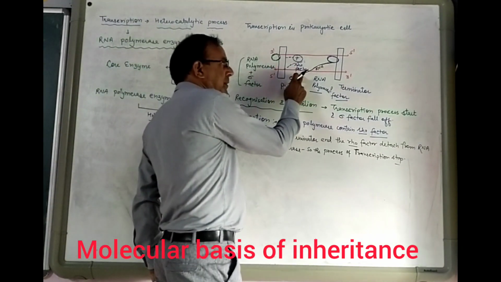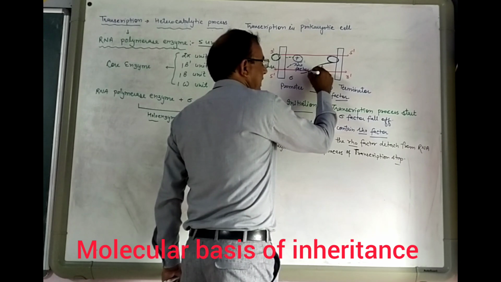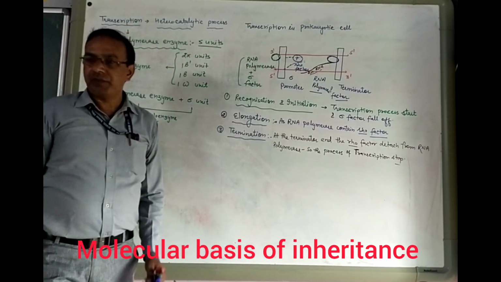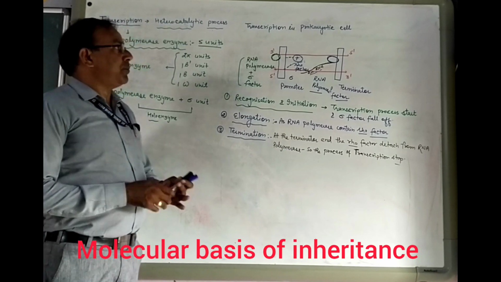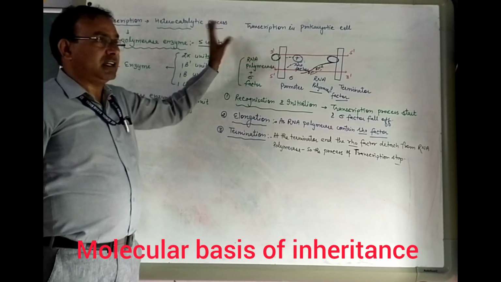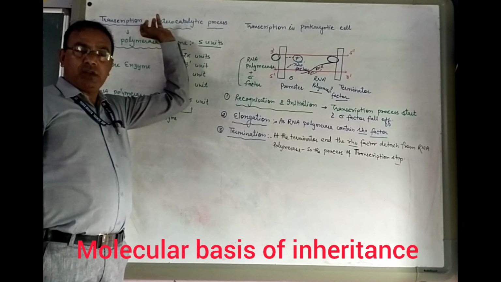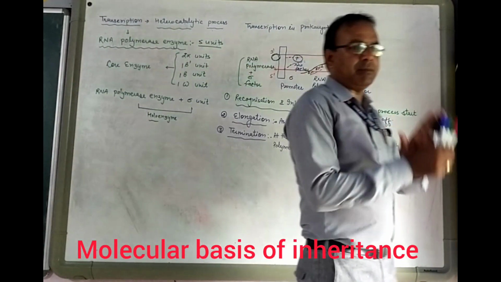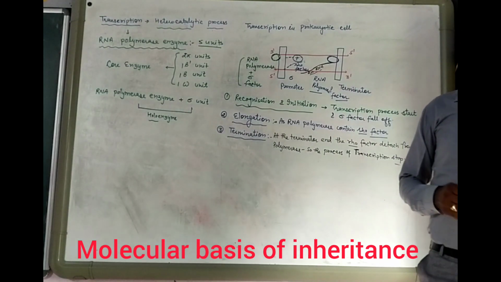Here this RNA is also called nascent RNA or hnRNA. Again listen, in the prokaryotic cell, either the process of transcription or translation, both occur in the cytoplasm. There is no nuclear membrane.